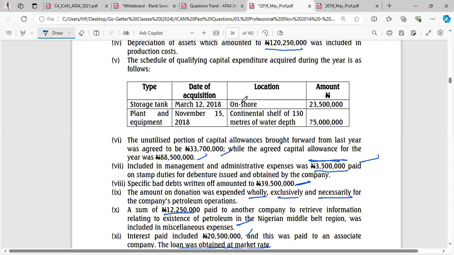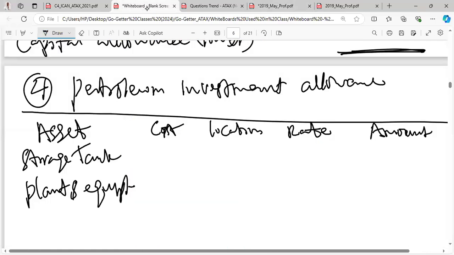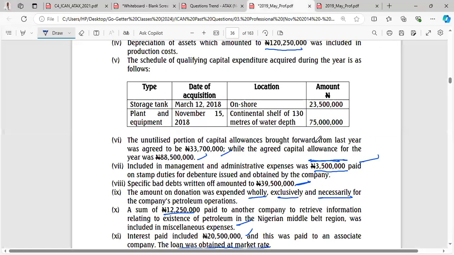This is onshore. Okay, the cost first is 23,500. The other one here is 75,000.